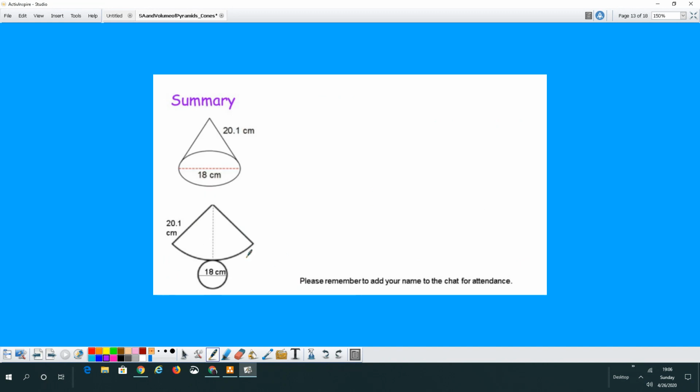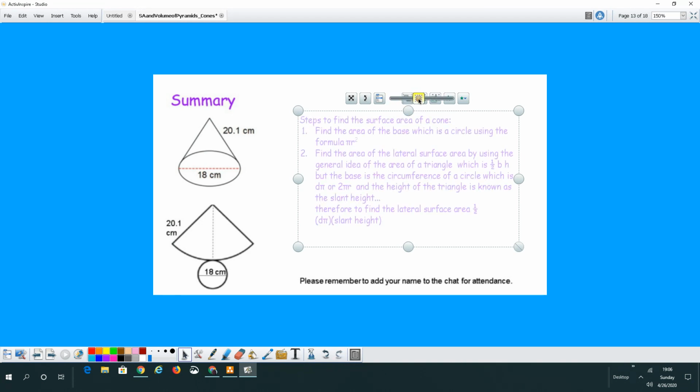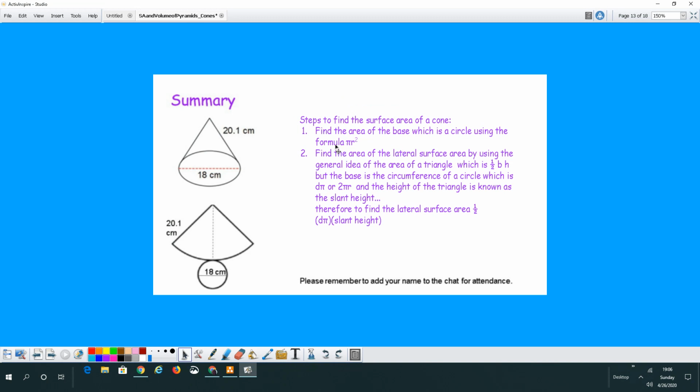So in summary, what do we do? What are the steps we use to find the surface area of a cone? Okay, again, to find the surface area of a cone, we are going to find the area of the base.